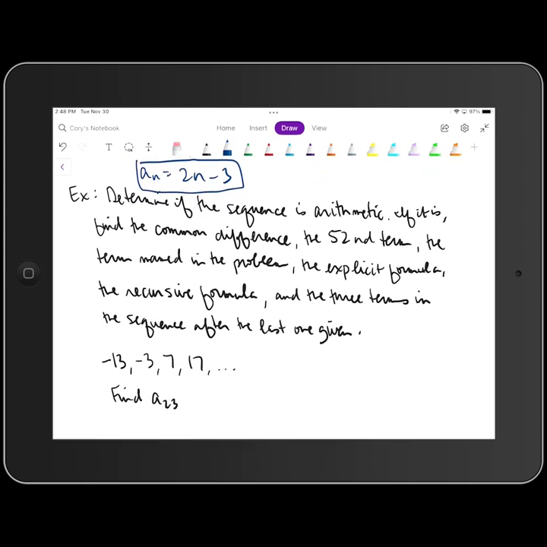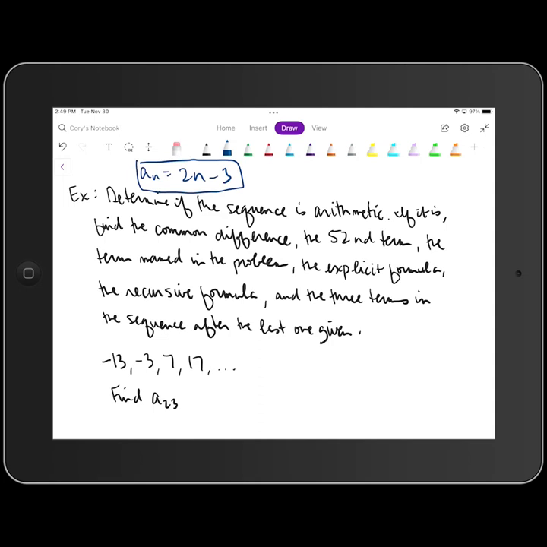Okay, so the next example I actually took from one of your homework problems because it asks us for a lot of things. In this question, I want to make sure that you guys are clear in computing all of these things. So directions here say to determine if the sequence is arithmetic. If it is, find the common difference, the 52nd term, the term named in the problem, the explicit formula, the recursive formula, and the 3 terms in the sequence after the last one is given.